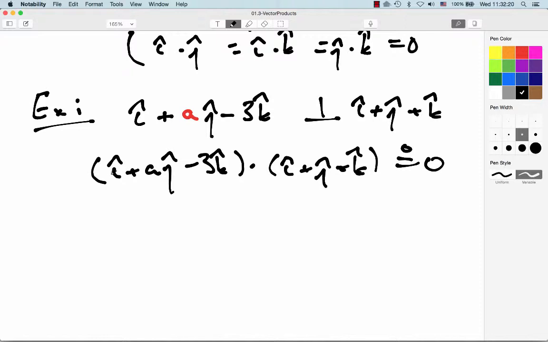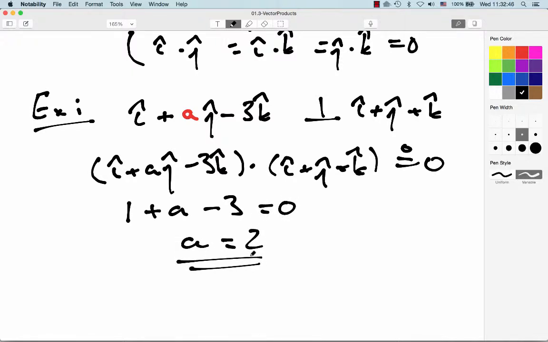Following this through, we can multiply them all together, and the only non-zero cross terms will be the ones where we have an i dot i, j dot j, k dot k. So i dot i gives me 1, a j dot j will give me a, and negative 3k dot k will give me negative 3. That's equal to 0, so that's only going to work if a is equal to 2. Excellent.